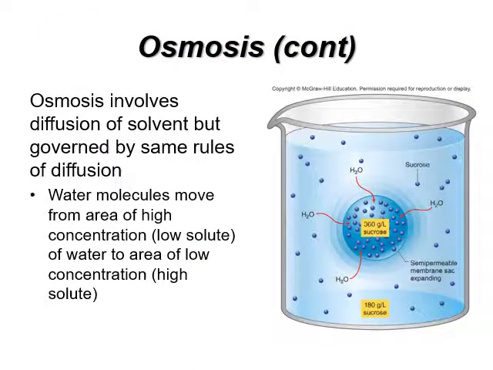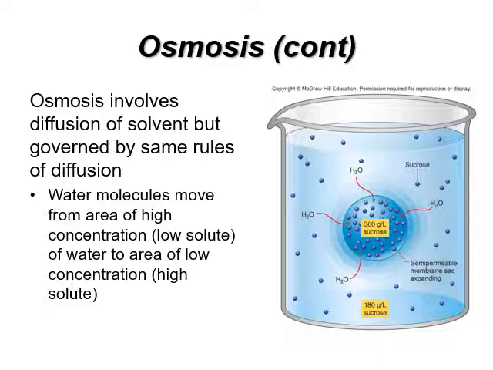So let's look at osmosis and kind of the process involved. We have sucrose dissolved in water. I have 180 grams of sucrose per liter on the outside.